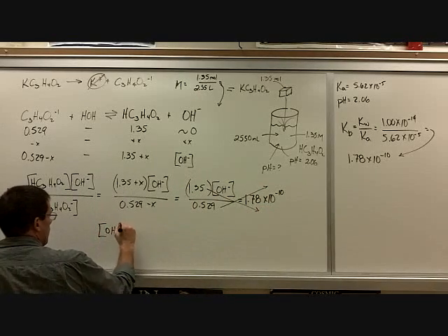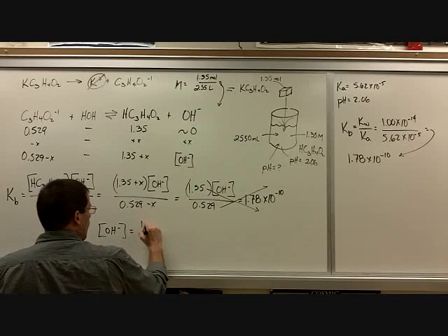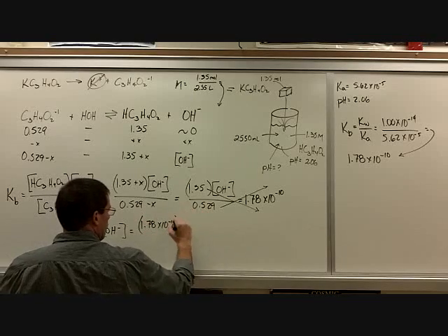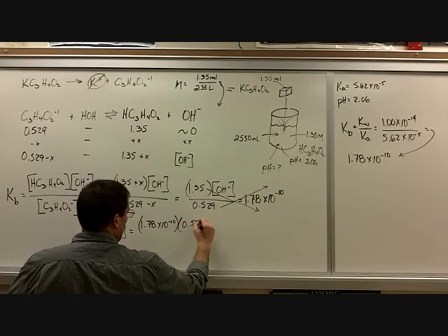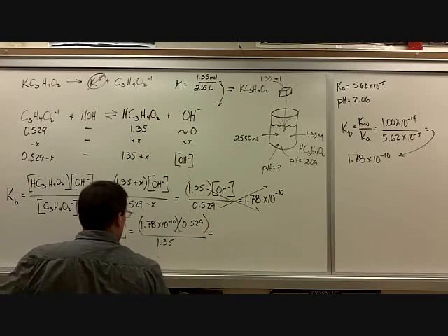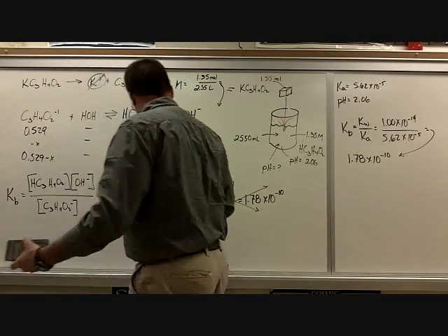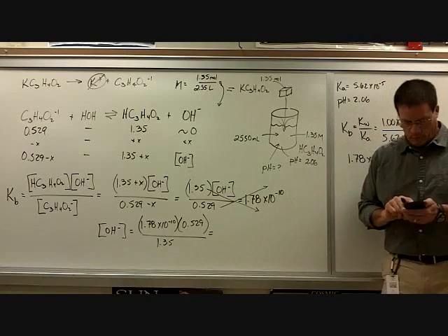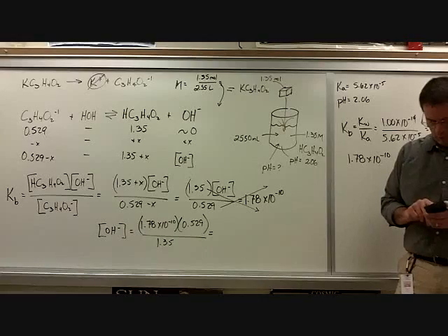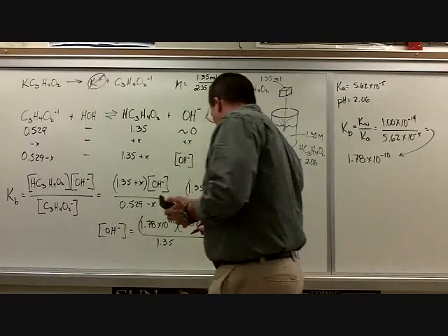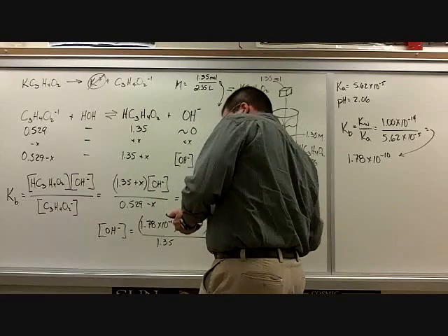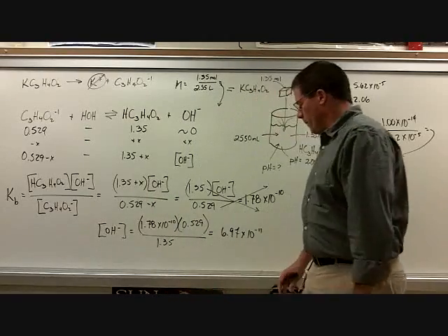So the OH is going to be equal to 1.78 times 10 to the negative 10 times 0.529 divided by 1.35. And whatever that equals, 6.97 times 10 to the negative 11.